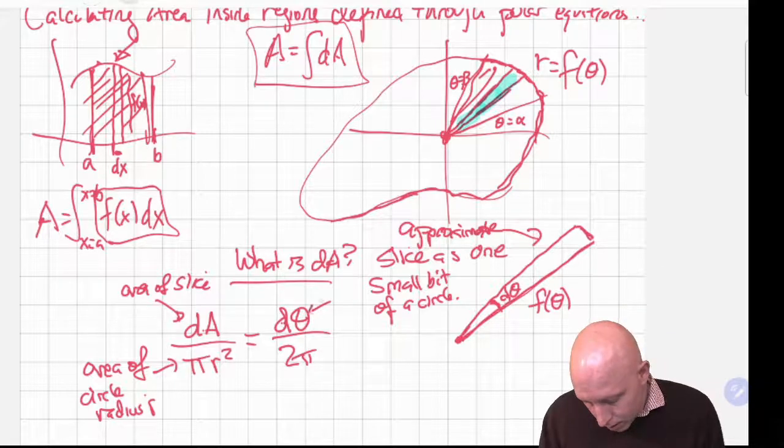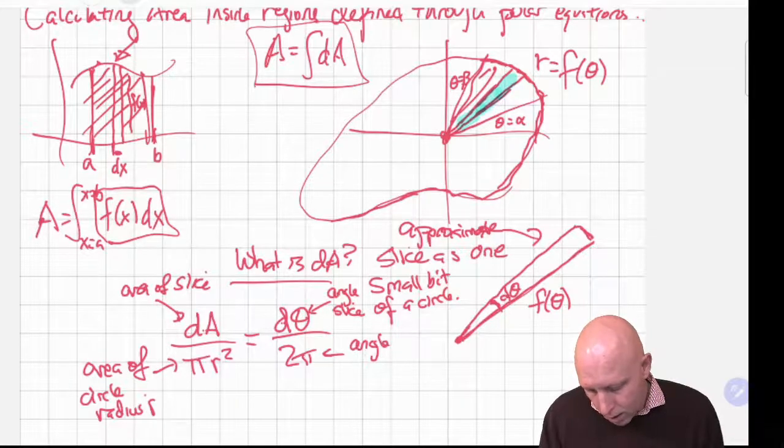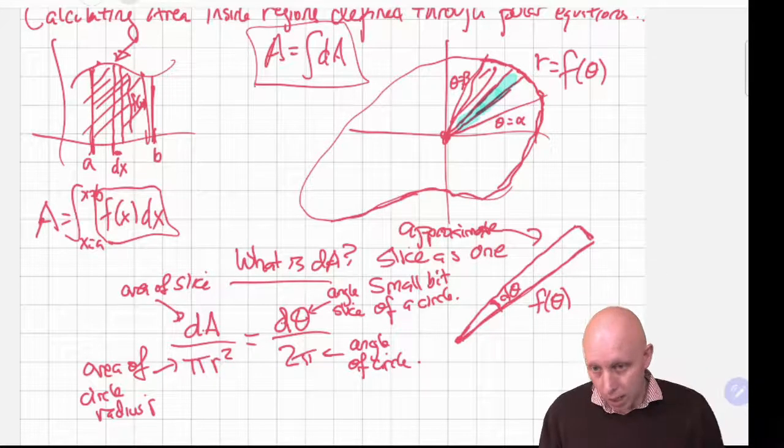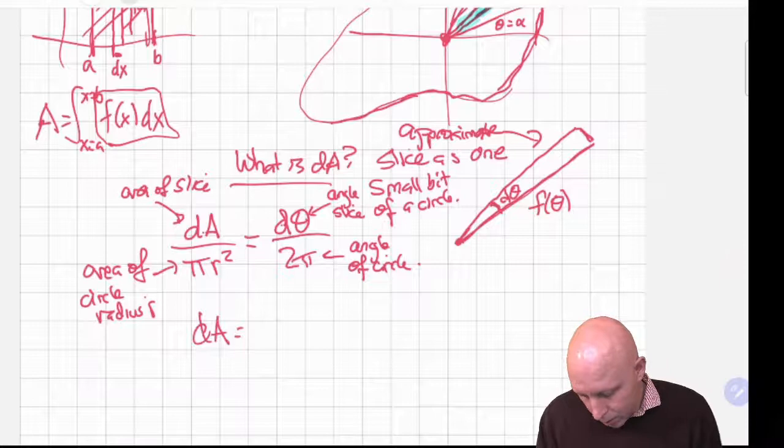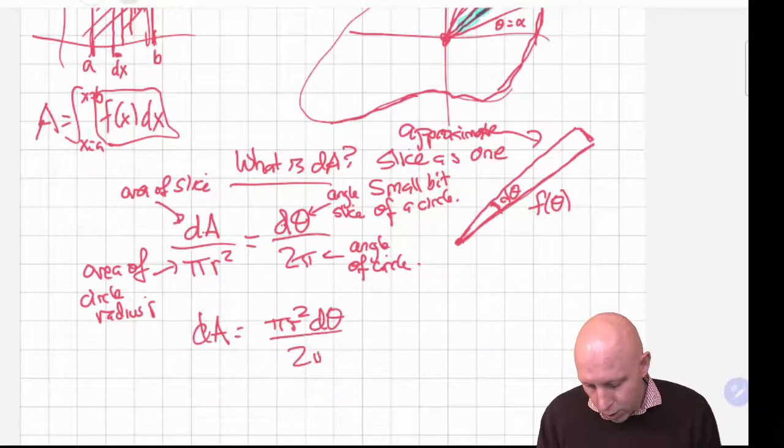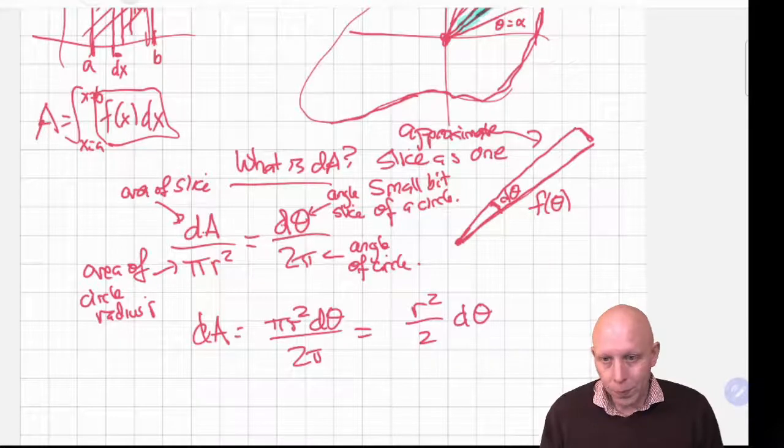So this is the angle of the slice, and this is the angle of the circle. And so we can write dA is equal to pi r squared d theta over 2 pi, or in other words, r squared over 2 d theta.